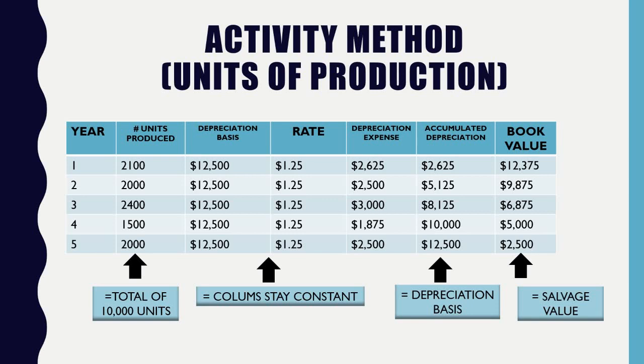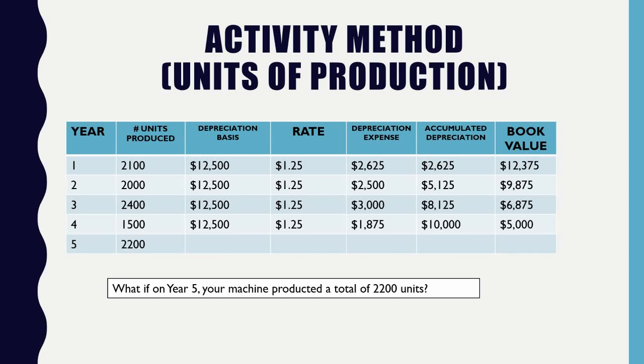Now, of course, let's look at the capacity over here. We said that the capacity was 10,000 units. Now, what happens if I was able to produce extra?